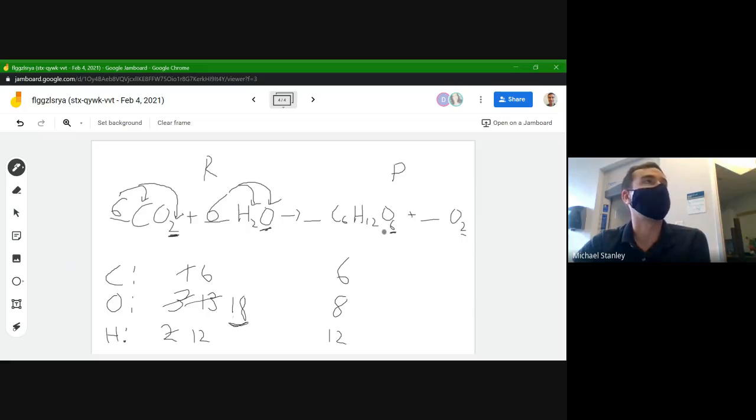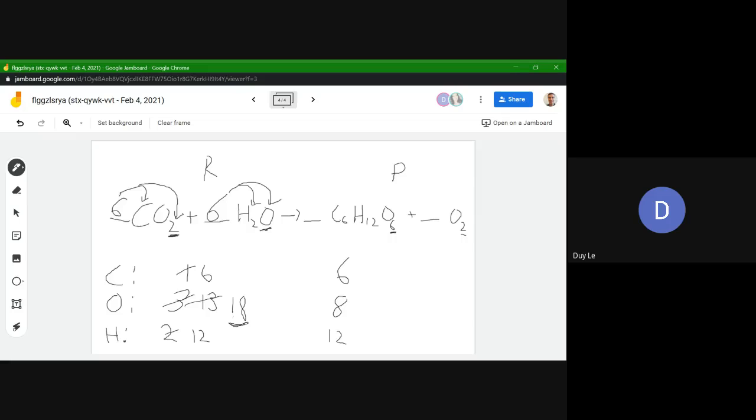So besides these 6, in order to get up to 18, we need 12 more oxygens. So what can we do over here to give us 12 oxygens? We put it on products. Ooh.